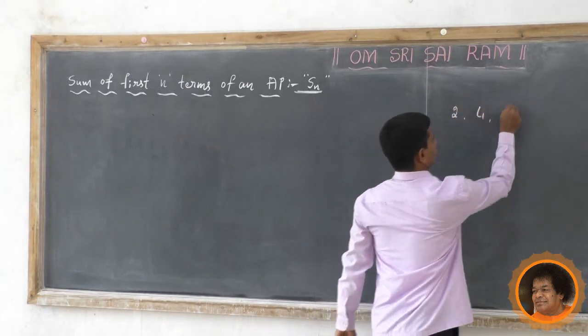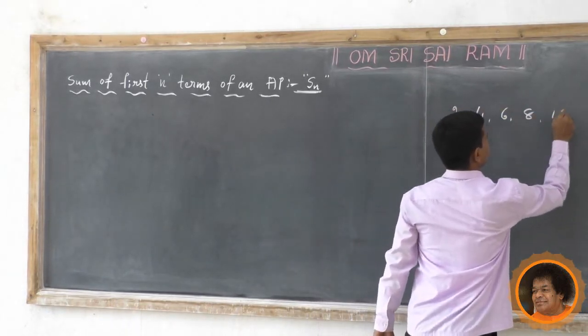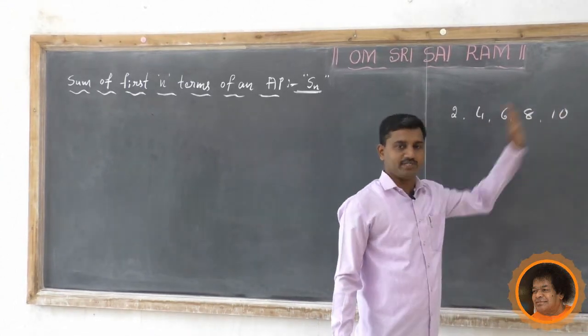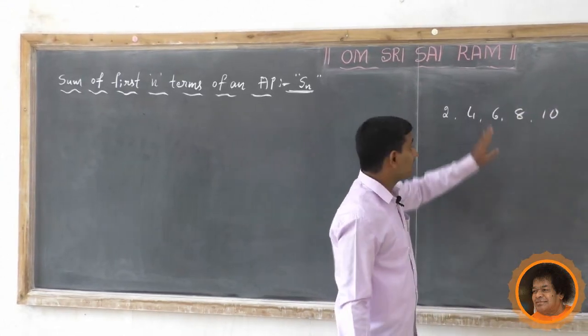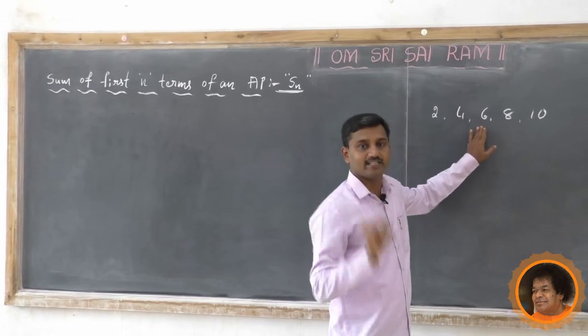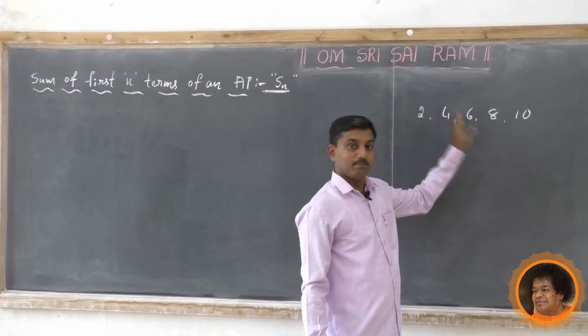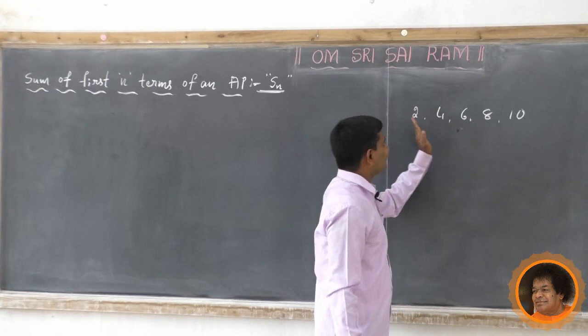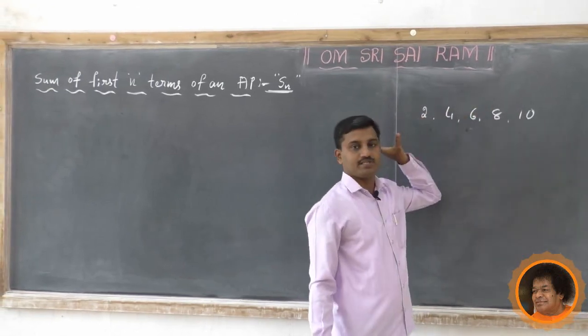2, 4, 6, 8, 10 are in AP, no doubt. This is an example of a finite arithmetic progression. My question is, what is the sum of the terms of this AP?